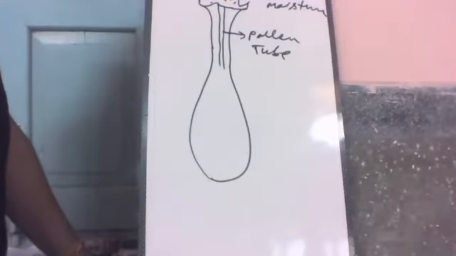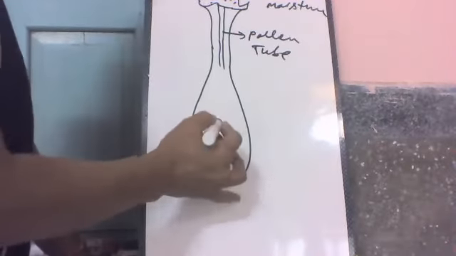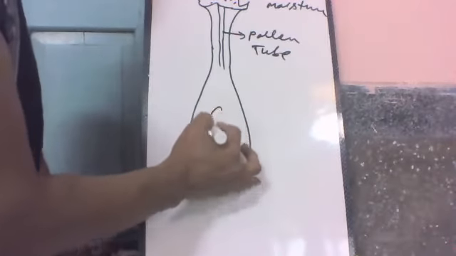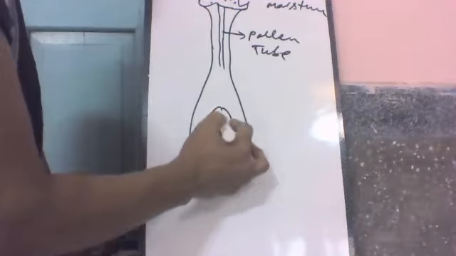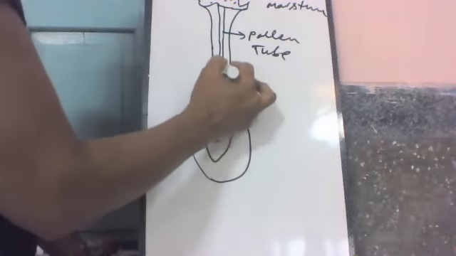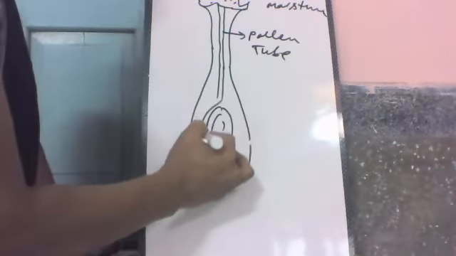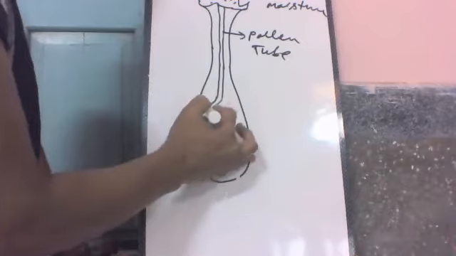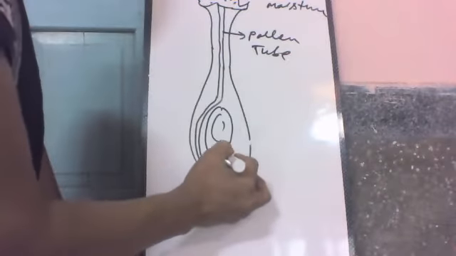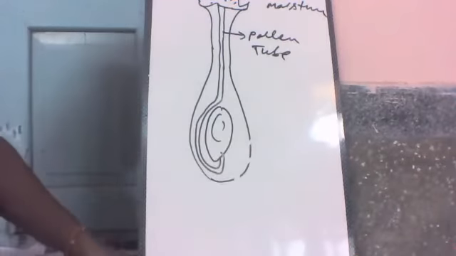The pollen tube lengthens through the style and enters the ovule in the ovary.